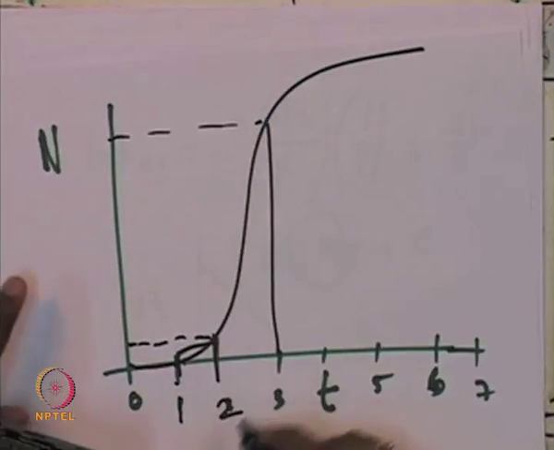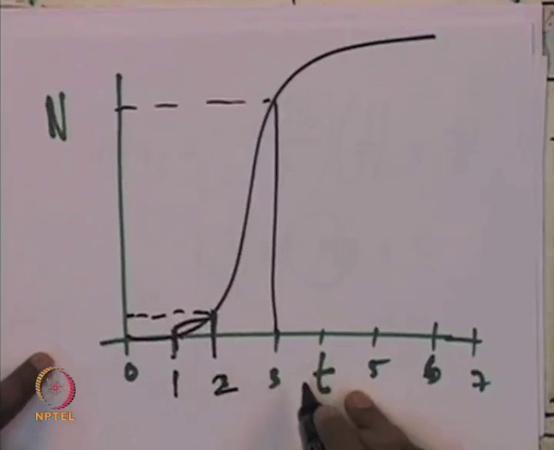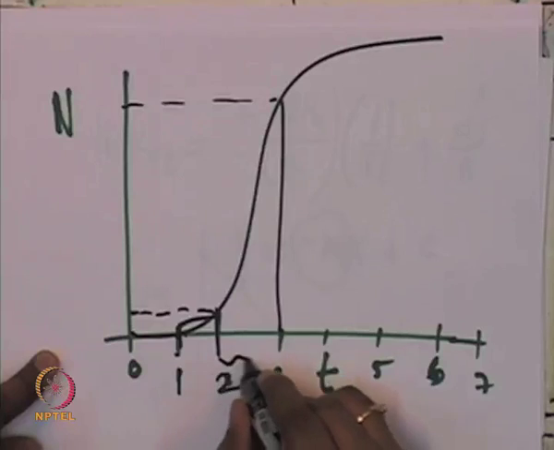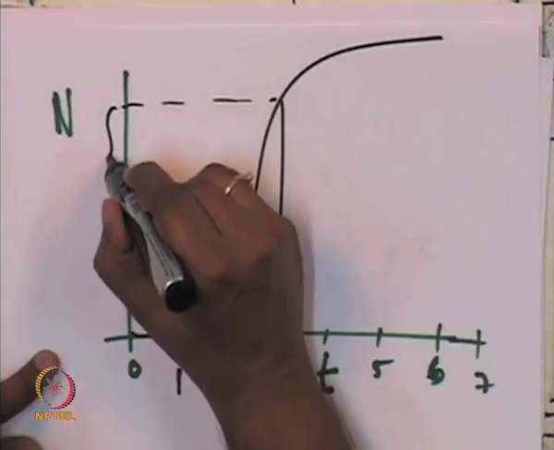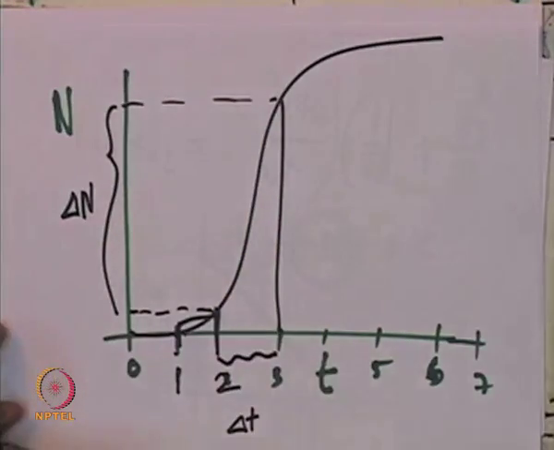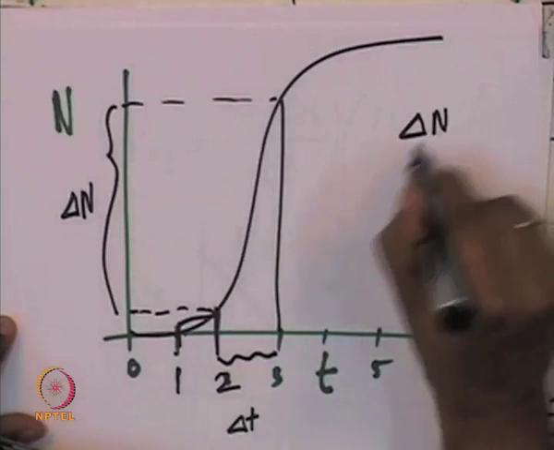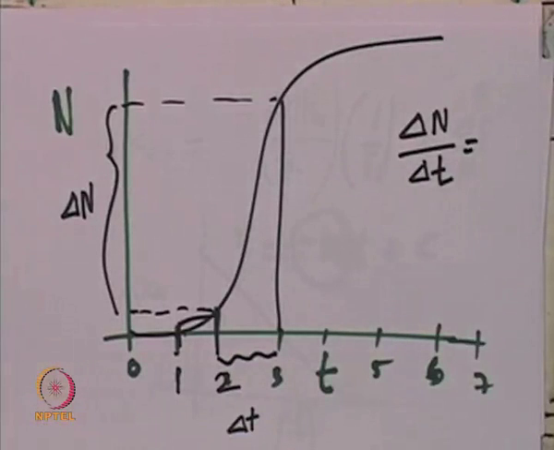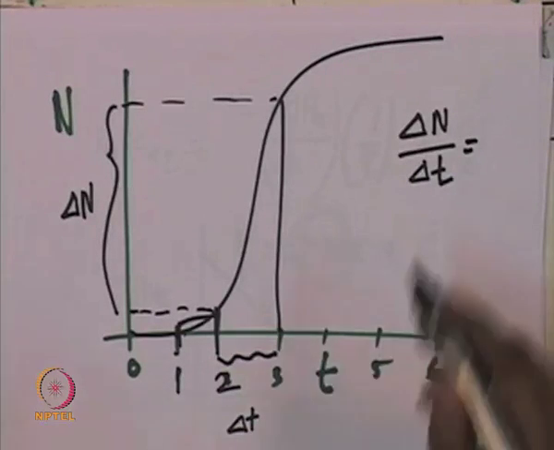If you call this change in time delta t, and this delta n, the change in number, then delta n by delta t is basically the yield. This is basically the derivative.